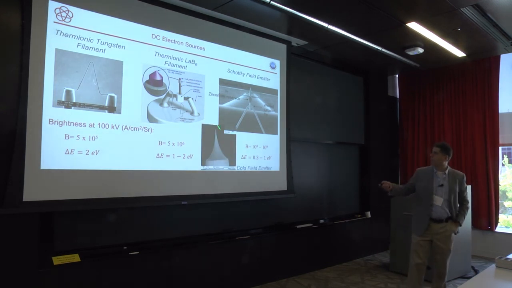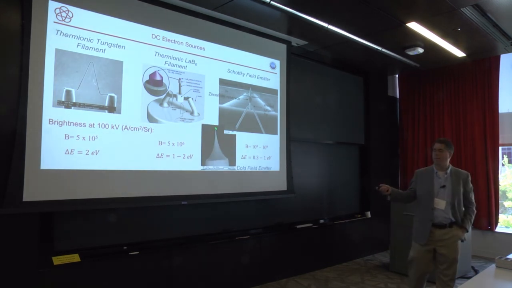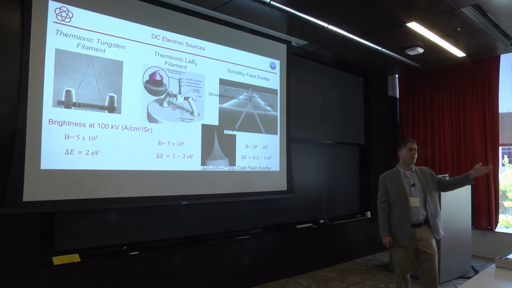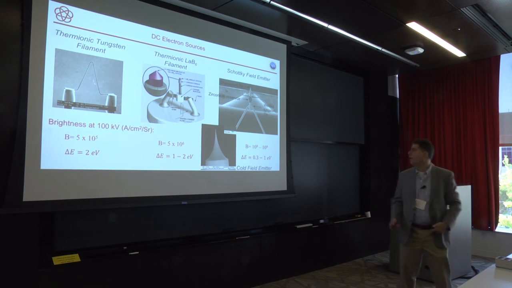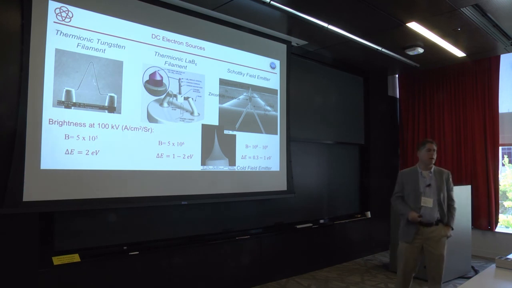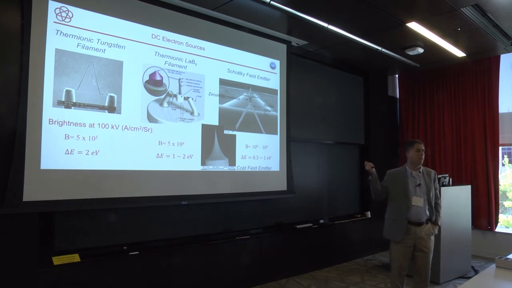If I get to the cold field emitter and run it with a very low extraction voltage, I'll get close to what the Fowler-Nordheim limit would be, and then you can see an improvement from room temperature to liquid nitrogen. Most of these other tips, the energy spread is what in electron microscopy we call the Boersch effect, that you're basically pulling too many electrons out of this very small tip.